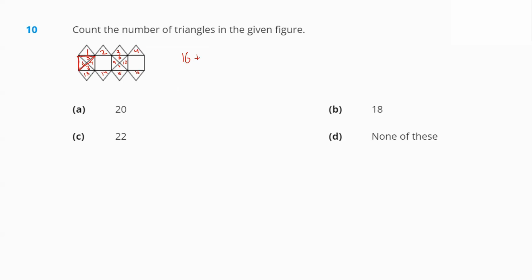This is one triangle. This is two triangles. This is third triangle. And this is fourth triangle. So we get 4 here. And again 1, 2, 3, and 4 here. So the total number of triangles will be 24. And we don't have such an option. So answer option D will be our correct answer.